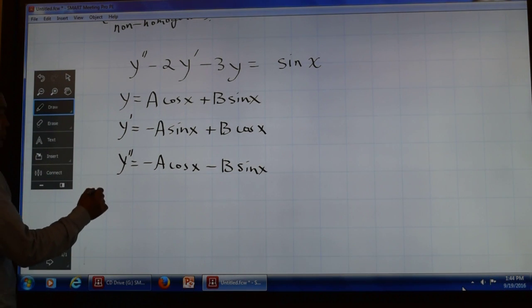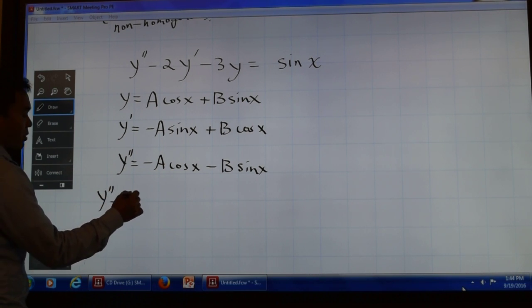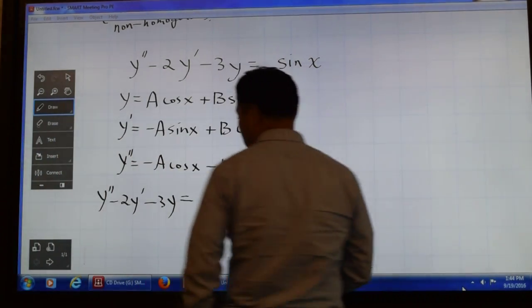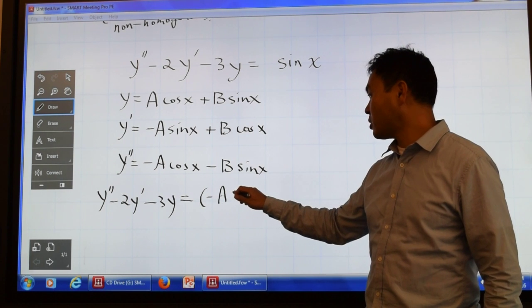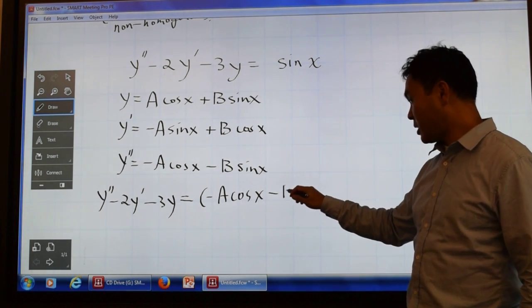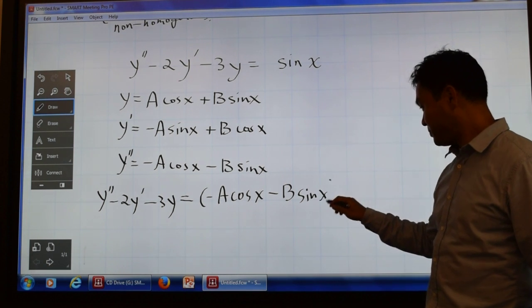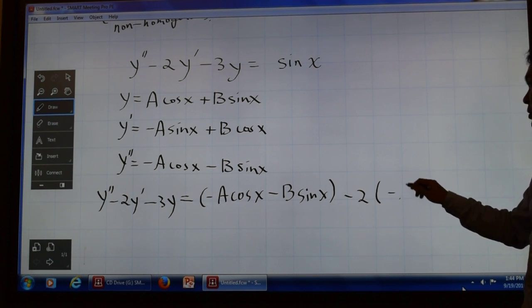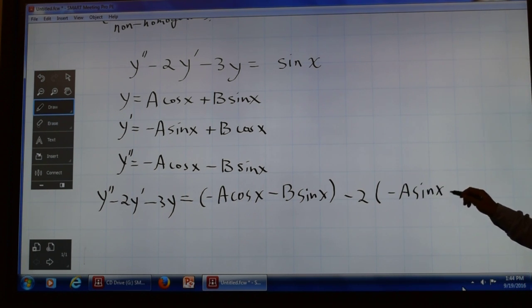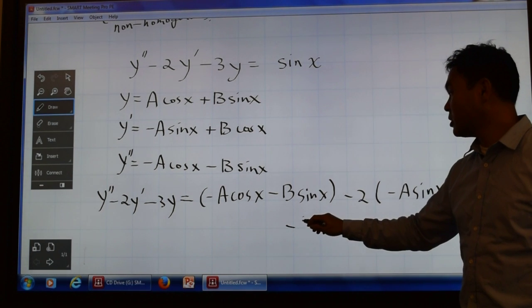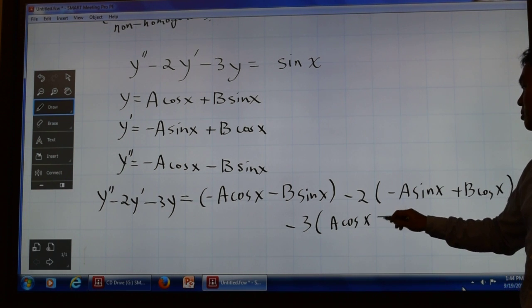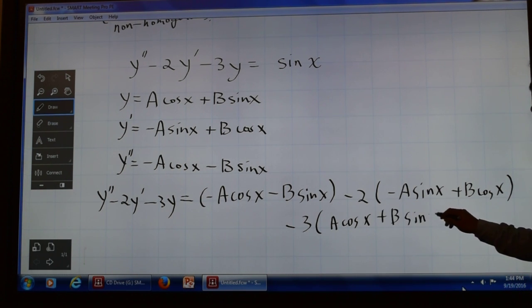And therefore, when you calculate y double prime minus 2y prime minus 3y, and you plug in all these individual calculations we've done, negative a cosine x minus b sine x, minus 2 times negative a sine x plus b cosine x, then minus 3 times a cosine x plus b sine x.